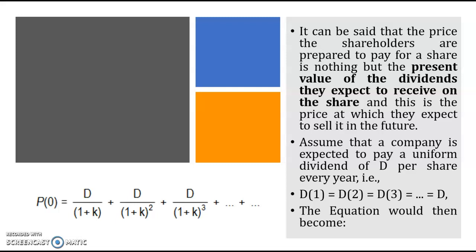P naught is equal to D divided by 1 plus k, plus D divided by (1 plus k) square, plus D divided by (1 plus k) cube, and so forth. Here we assume the dividends are constant and we are discounting with a rate k. The discounting factor is k. It can be the expected rate of return, or any other rate at which you expect your cash flows to be discounted. That is the opportunity cost.